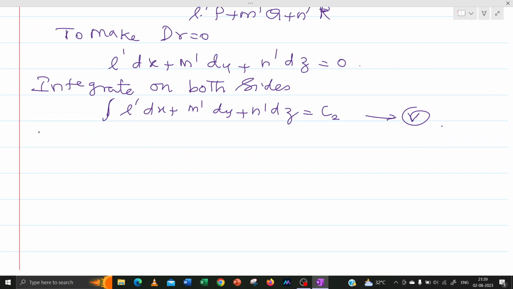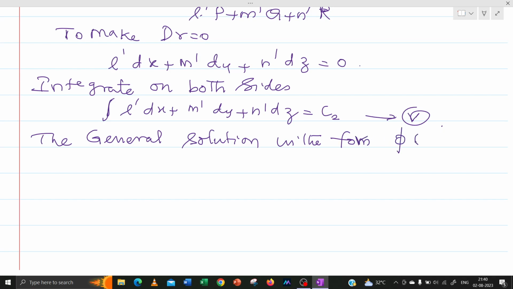So in case you are solving the Lagrange's linear equation, you will get the general solution in the form pi of u comma v equal to 0. Already we have discussed how to write the solution pi of u comma v equal to 0 in the method of grouping.